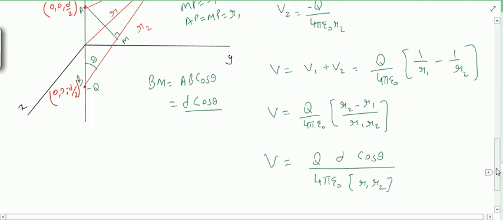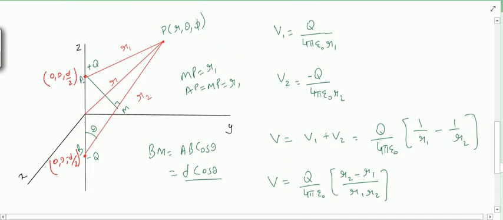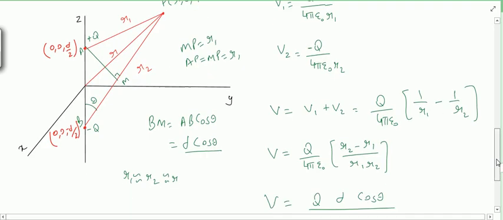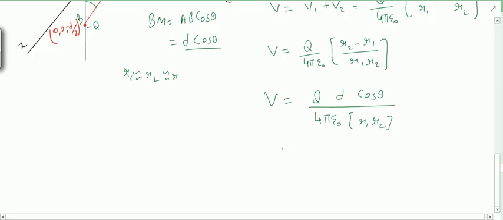Now since this distance between the dipole is very small, I can take this distance as r only, like r1 equals r2 equals r, approximately equal, because this distance d is very small.